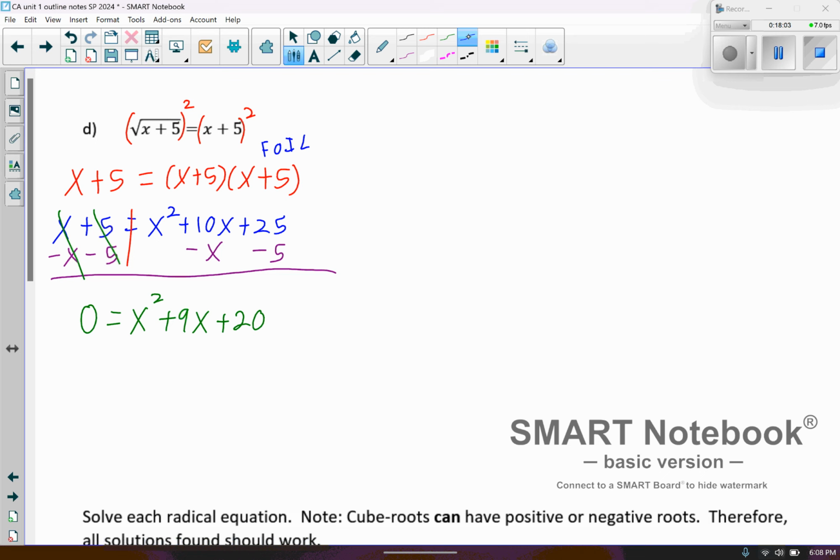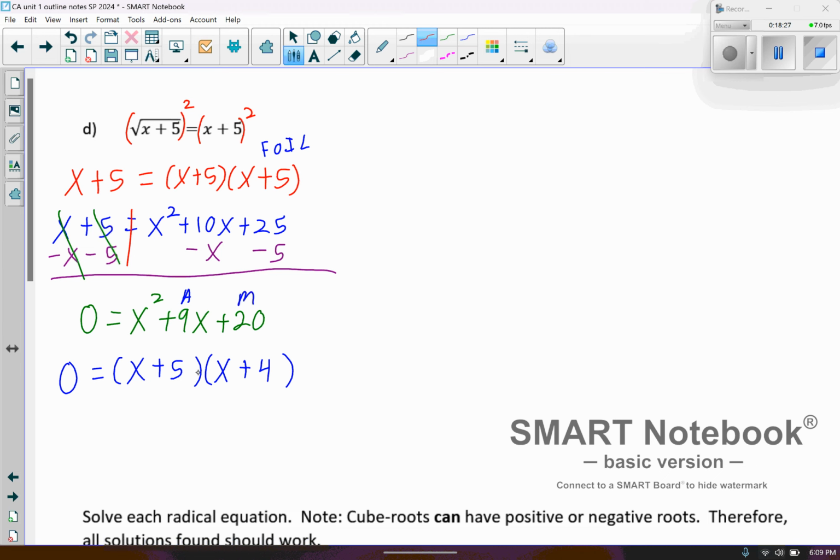Okay, and so now we'll go ahead and factor this. So doing the A&M method, figure out what multiplies to give you 20, but those numbers add up to 9. And that's going to be 5 and 4. So 5 times 4 is 20. Those add together to give you 9.